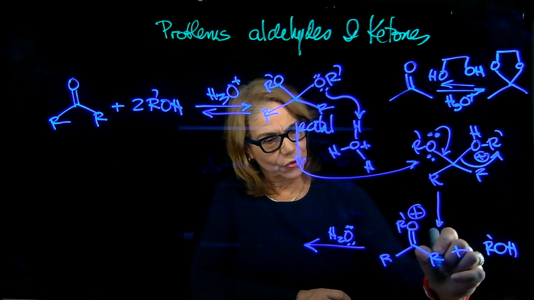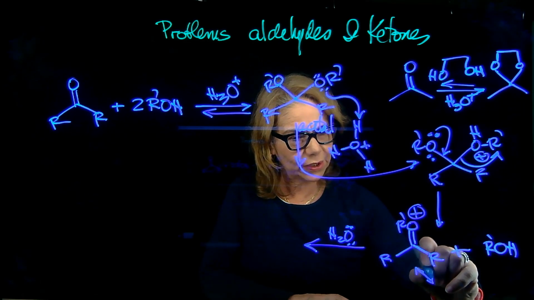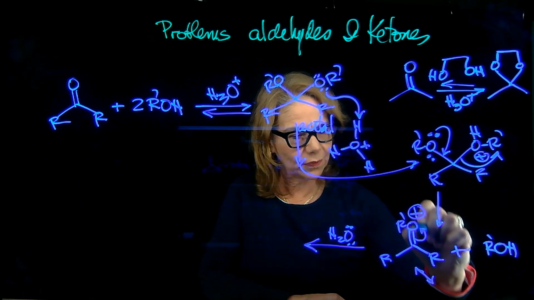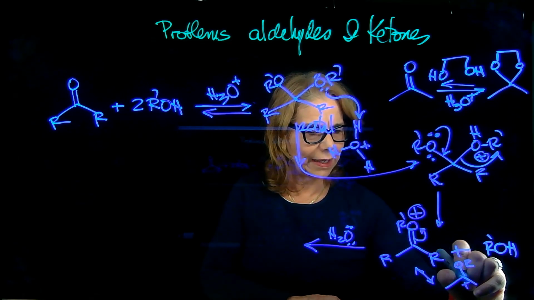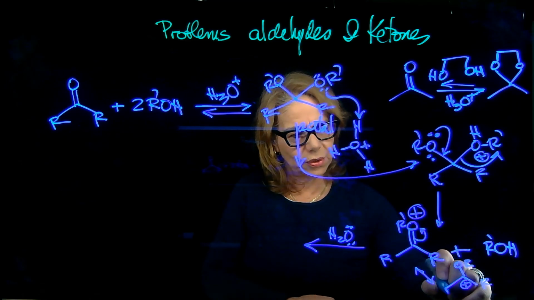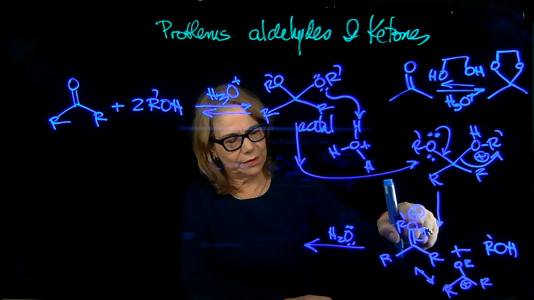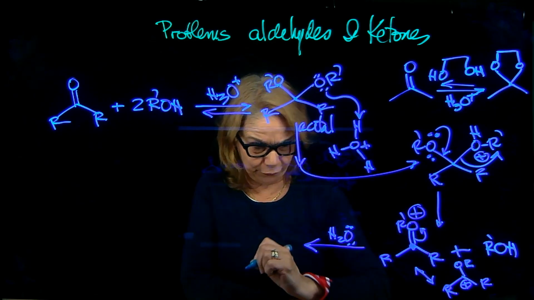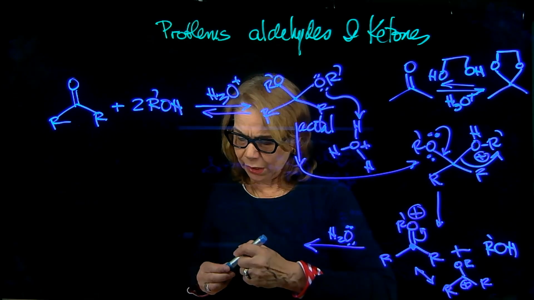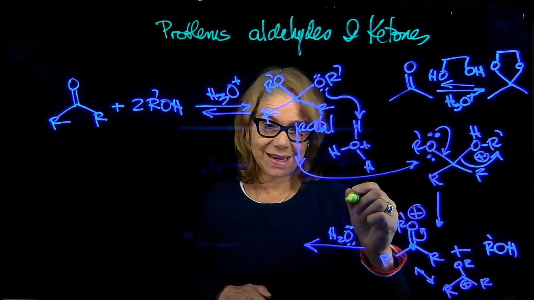So you can do a resonance structure here, and you notice that if I do so, I'm going to have OR in here positive. So in other words, that formal positive charge makes this carbon more electrophilic. And so we will have the nucleophilic attack by water.